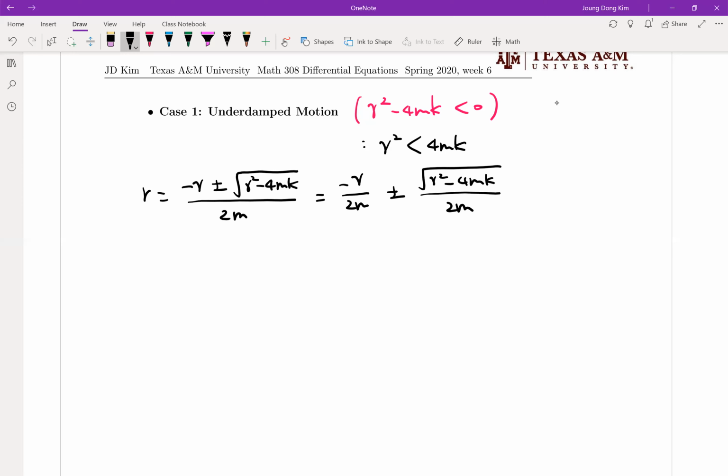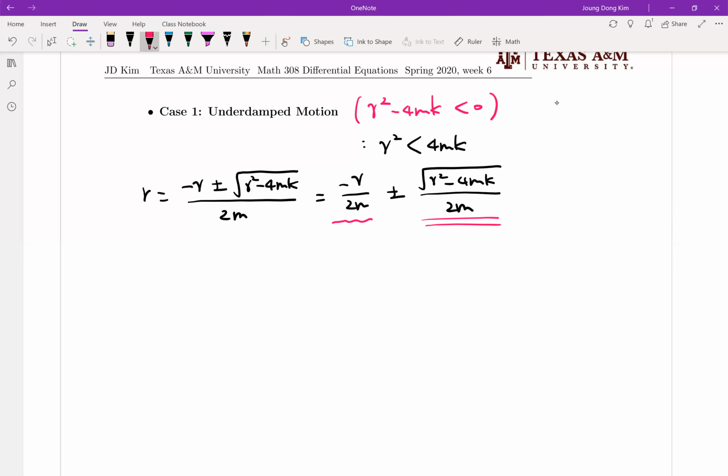As you remember, minus gamma over 2m will be the exponent part of the exponential function, and the square root part will be the trigonometric function, sine and cosine.